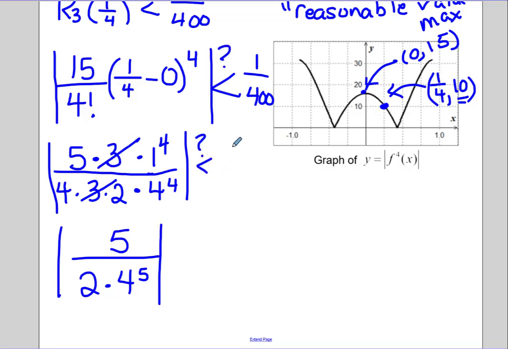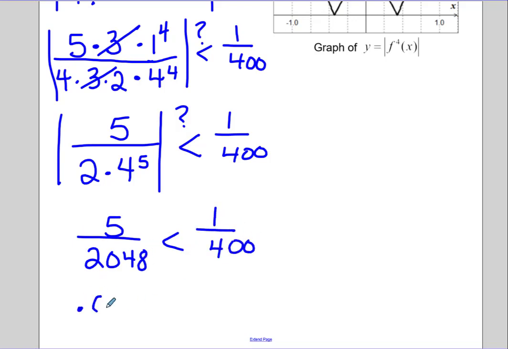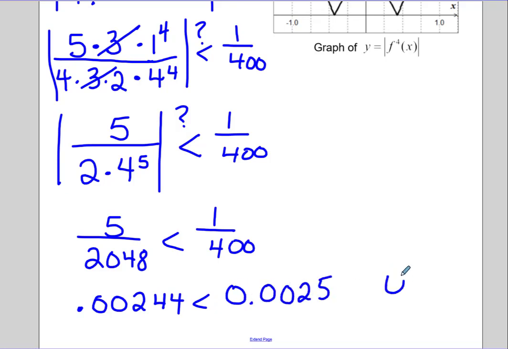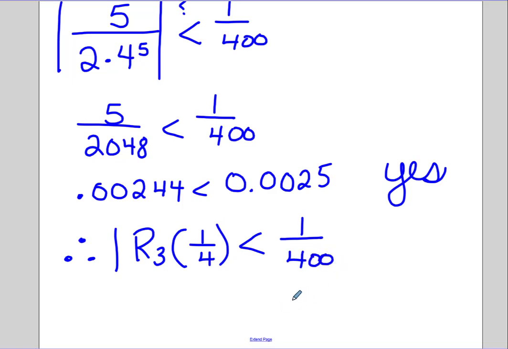So we're asking, is this less than 1 over 400? With our trusty calculator, you can tell by just expanding that, that's definitely less than 1 over 400. And if you needed that decimal approximation, you can see that yes, this is less than 1 over 400, definitely yes. So we could state that, therefore, the absolute value of the remainder at 1/4 is less than 1 over 400. So that's true.